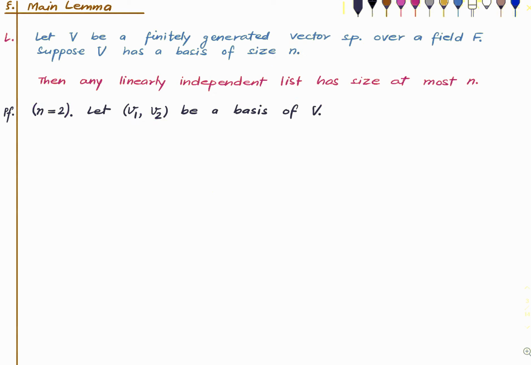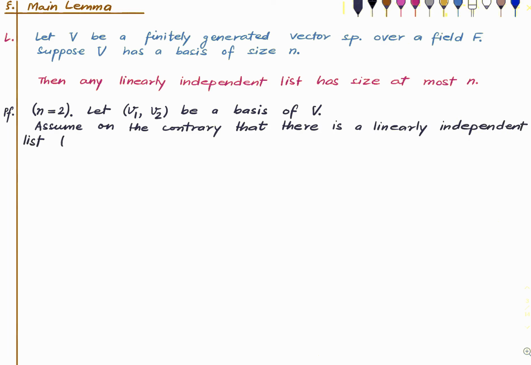And assume, on the contrary to the lemma, that there is a linearly independent list u1, u2, u3 in V. So there is a linearly independent list of size strictly greater than 2 in the vector space, and we have called it u1, u2, u3.